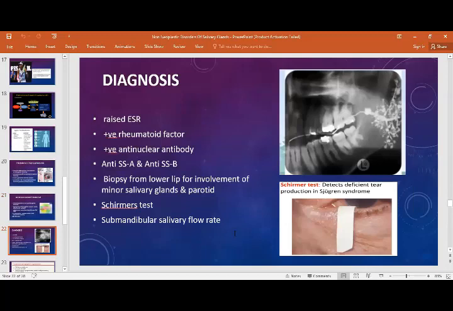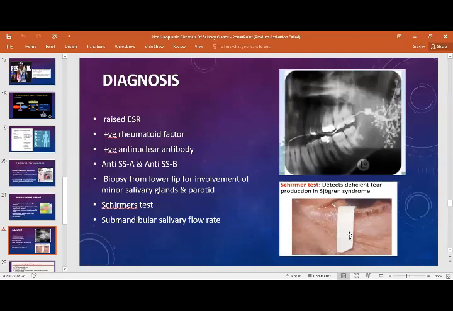Now, how would we diagnose Sjogren syndrome? Again, given the symptoms, like decreased lacrimal secretion as well as oral secretion, we can easily go for Schirmer's test. You must have heard about the Schirmer test.